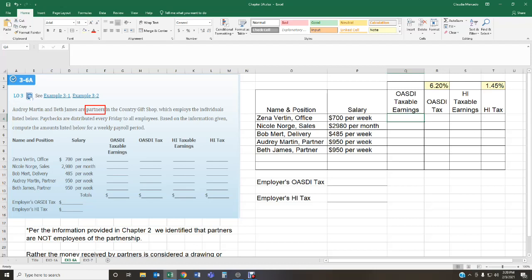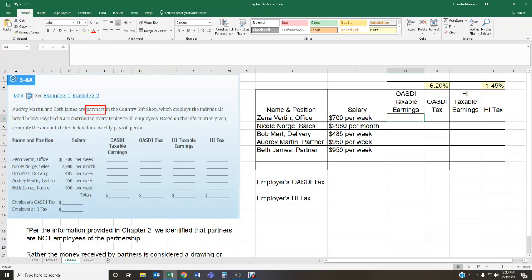But you do need to know that there is a cap for the amount of tax to be paid for OASDI tax purposes. And that cap is the first $137,700 of earnings as of 2020. The 2021 figures had not been published as of the date that the textbook was published, so we're a little bit behind. But that is the number that we're running with, $137,700.